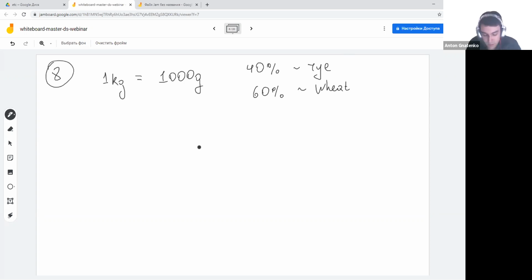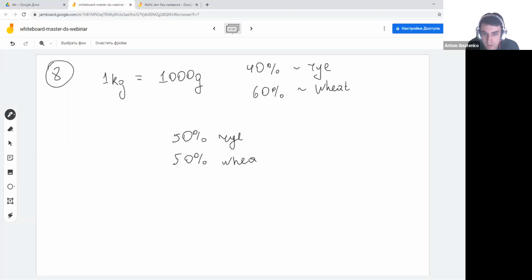So we are asked how much rye we need to add to the mixture so that it will consist of 50% rye and 50% wheat. We see that in this mixture the proportion of rye is smaller, and we are asked how much we must add to obtain a 50-50 mixture.